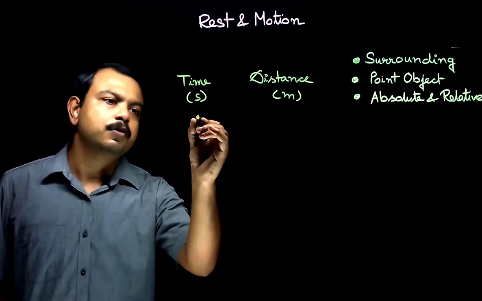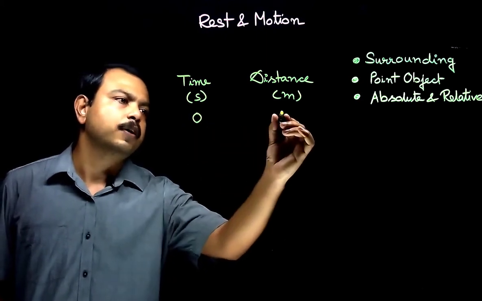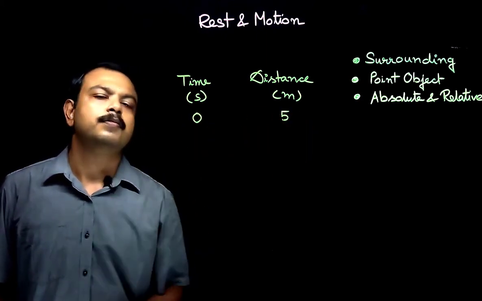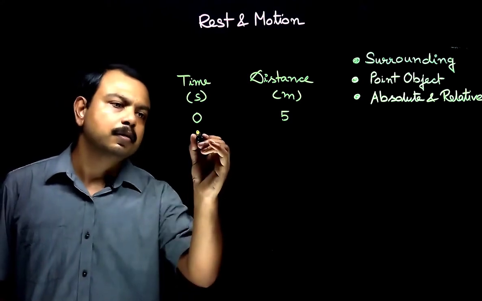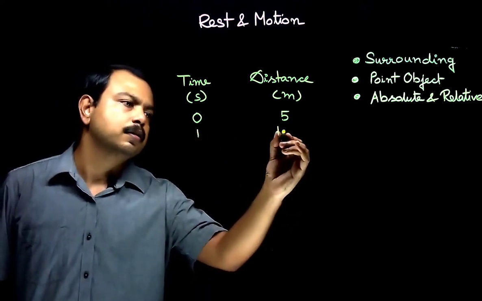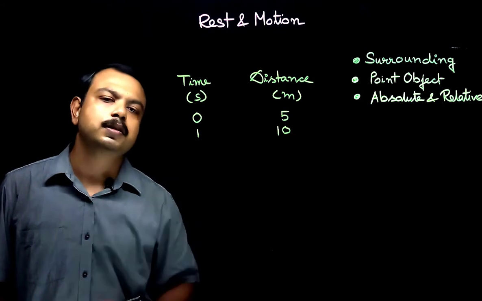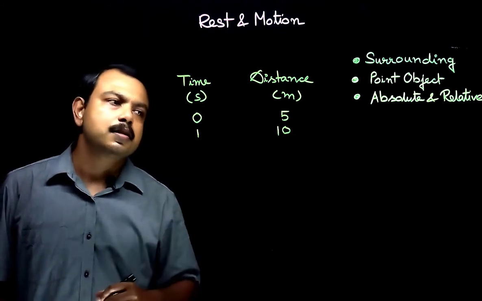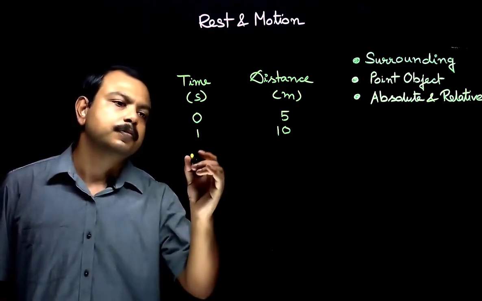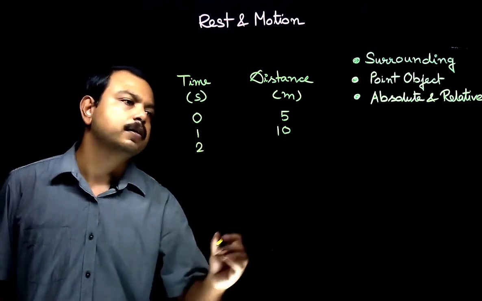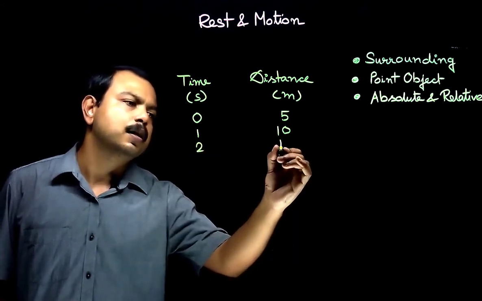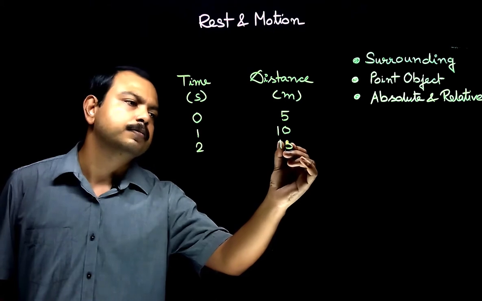So at time t equal to 0, the distance was around 5 meters. Then at 1 second, let us consider he found the measurement of the distance around 10 meters. At 2 seconds, it is around 15.